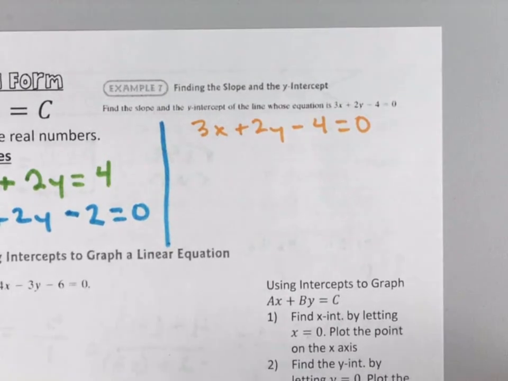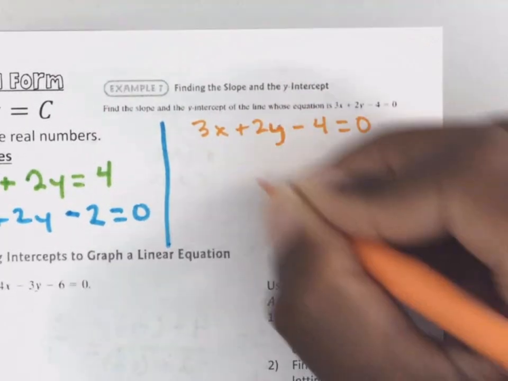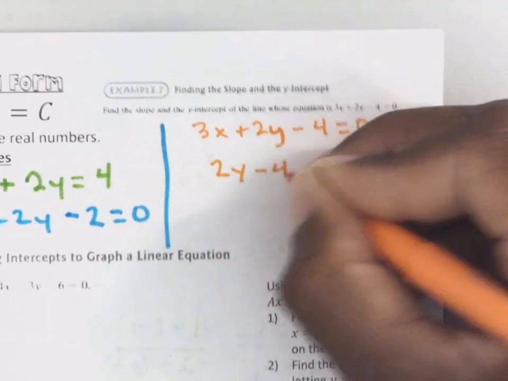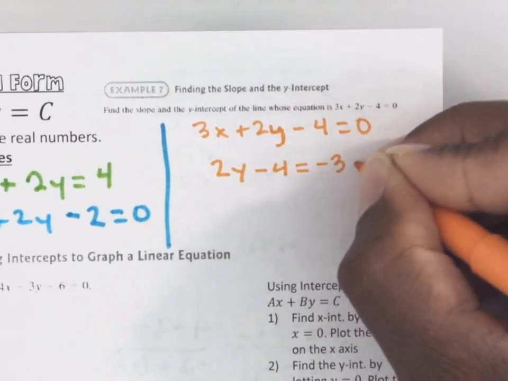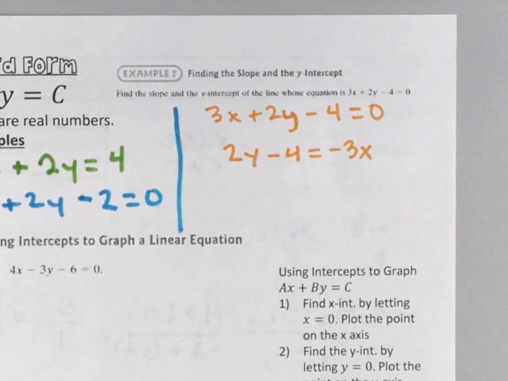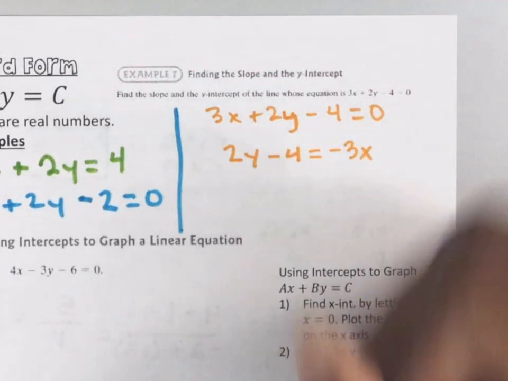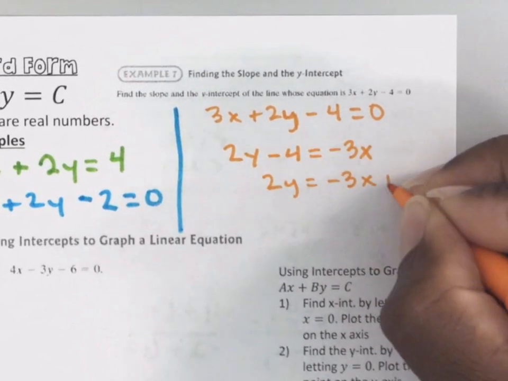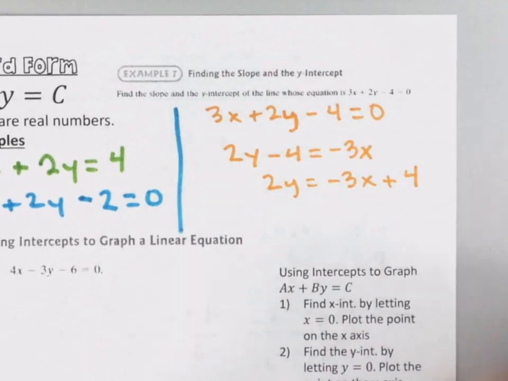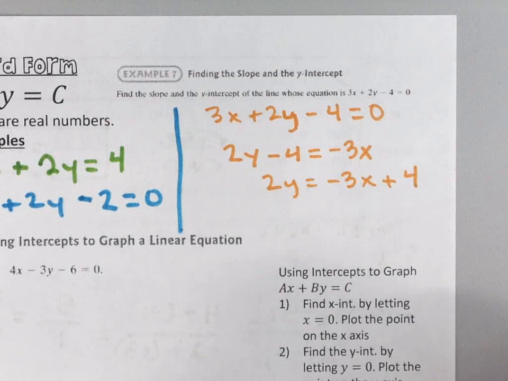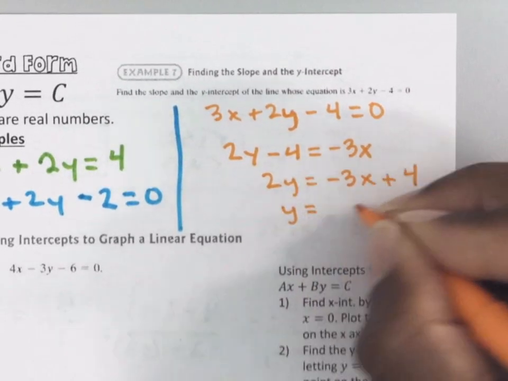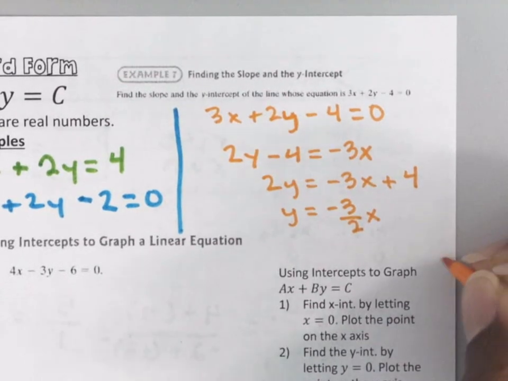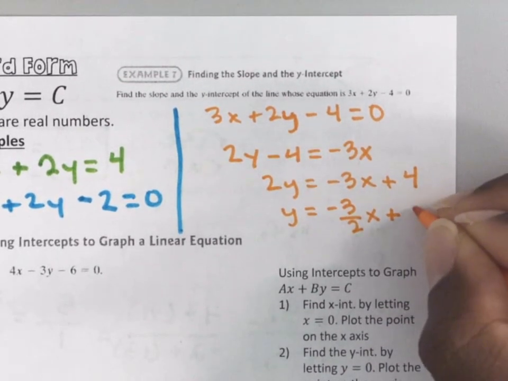I will subtract 3x from both sides. And then you add what to both sides? 4. And then finally you divide by 2. 4 divided by 2 is 2.